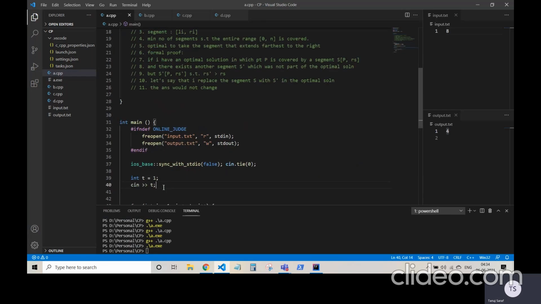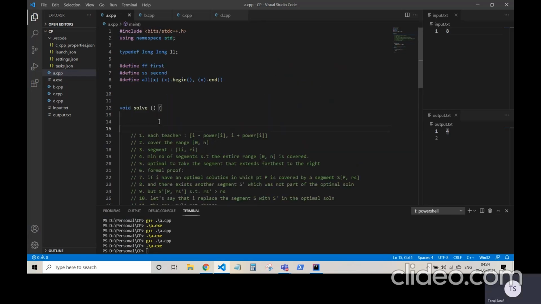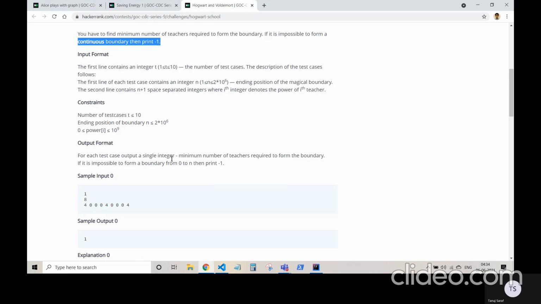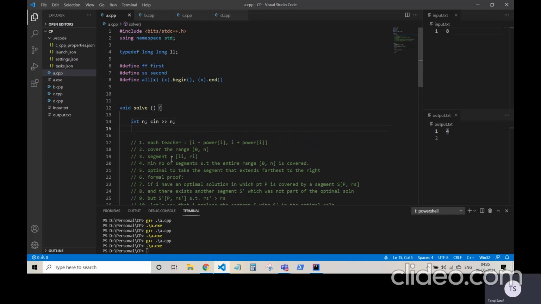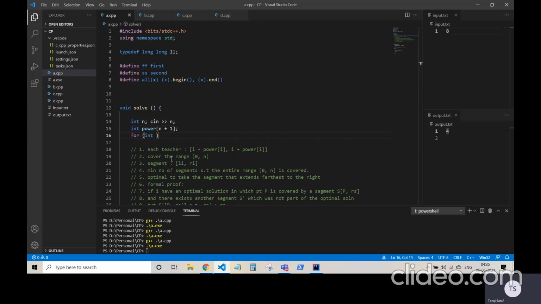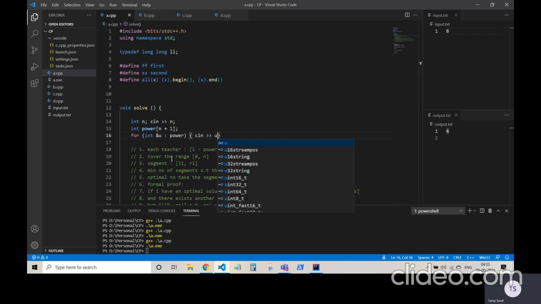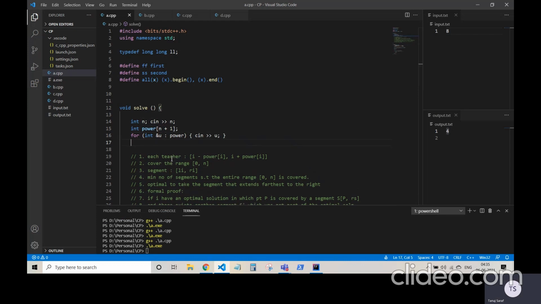So we have some test cases. We have n plus 1 teachers. We are given n, and each has a certain power, and there are n plus 1 such teachers. So let's take the input powers for them. Now for each particular point, I need to find out the largest segment.